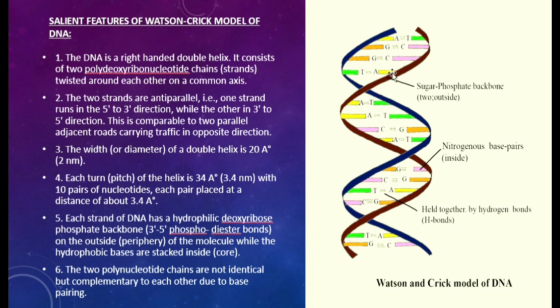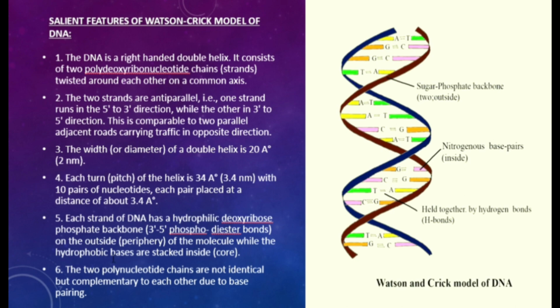The sugar phosphate backbone is hydrophilic. Hydro means water and philic means loving. So the sugar phosphate backbone is water loving, but the nucleotide bases that are stacked inside the backbone are hydrophobic, that is, they don't attract water. So this is the hydrophobic and hydrophilic nature of the DNA.